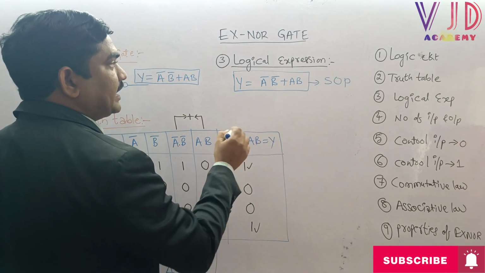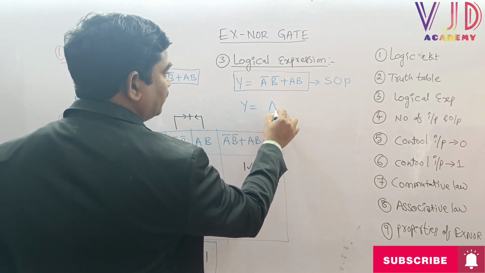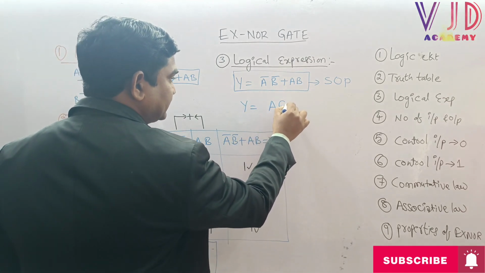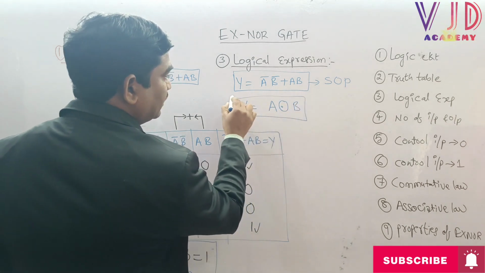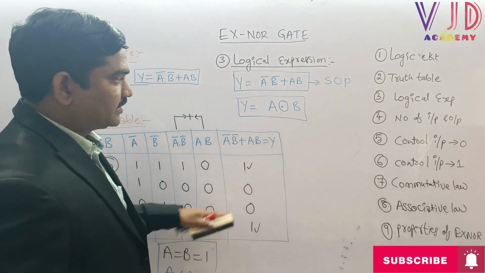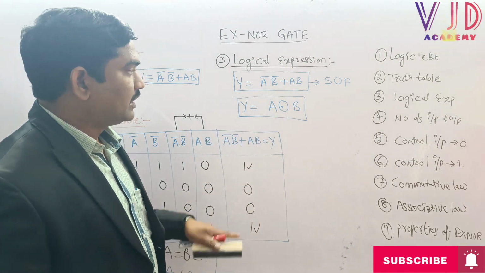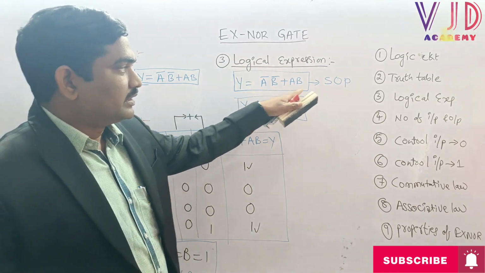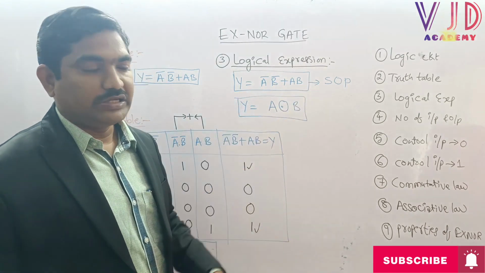And the standard logical expression for the XNOR gate is y equal to A XNOR B, using the XNOR symbol. This is the regular logical expression we use to represent the XNOR gate, and the sum of products form is A bar into B bar plus A into B.